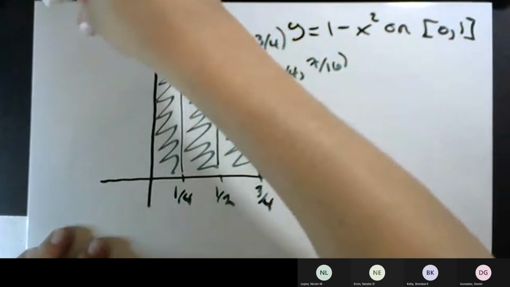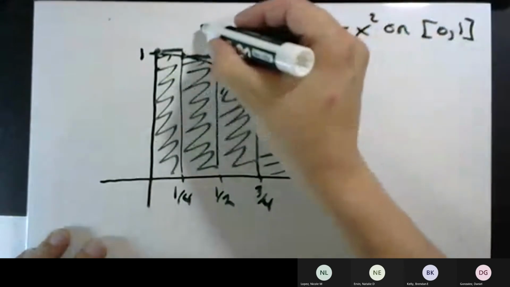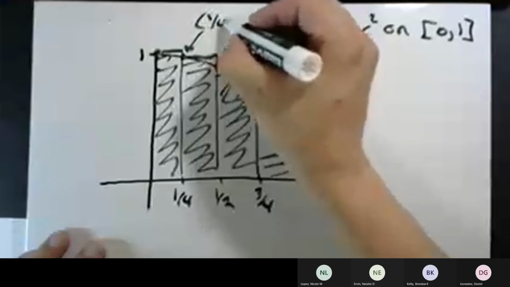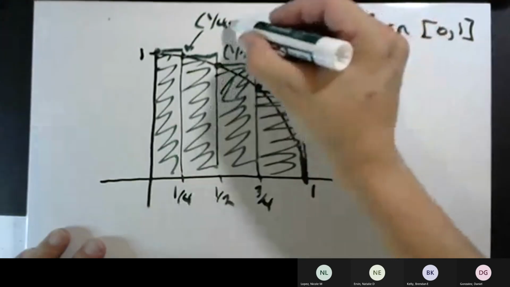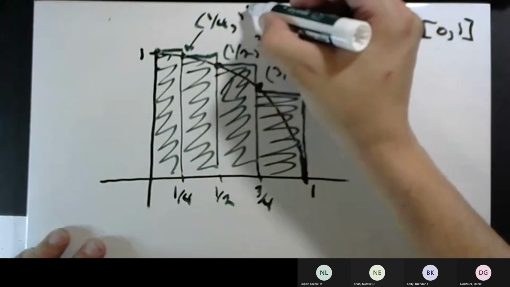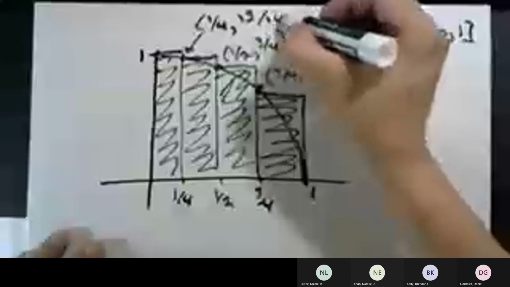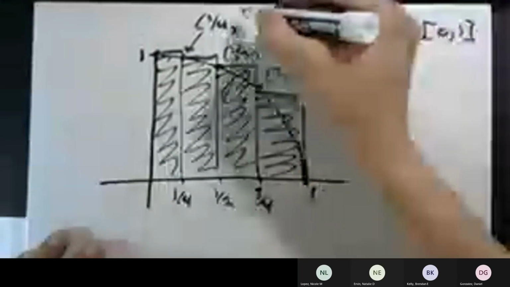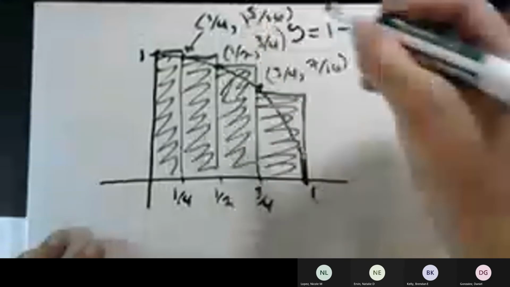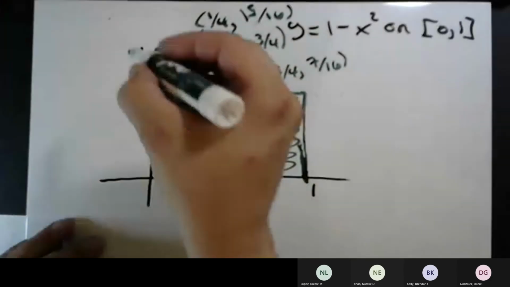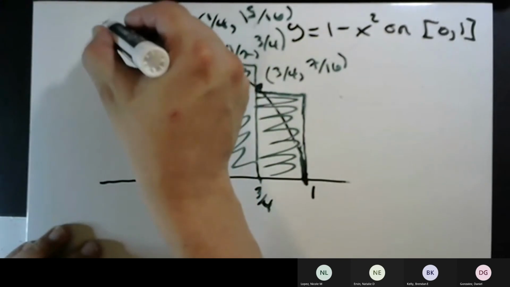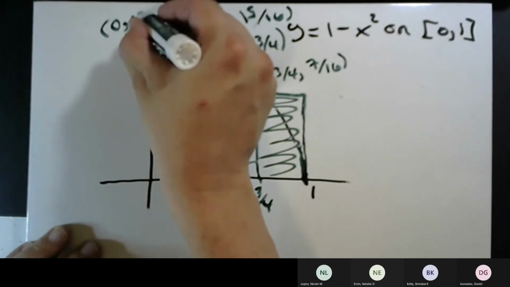I'll have to erase this part for mine. And then this one, though, we have 0 and 1.